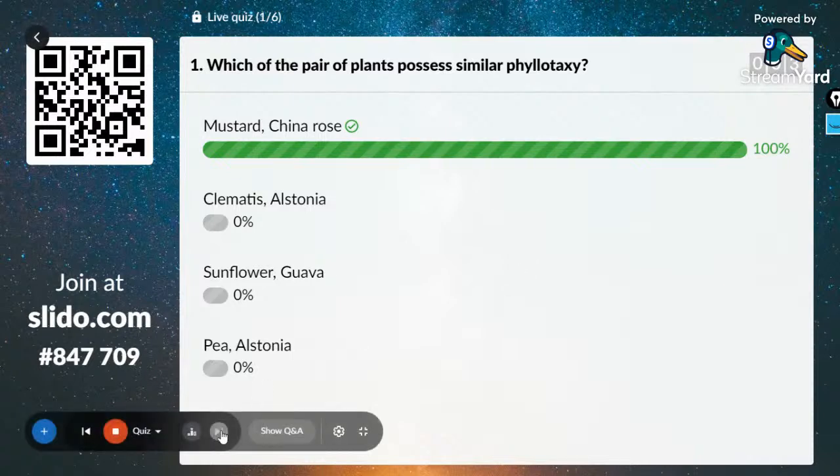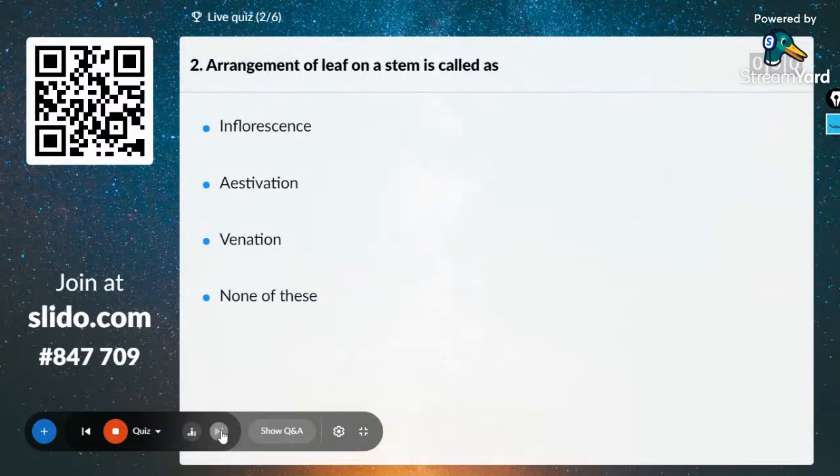Moving on to question number 2. Arrangement of leaves on a stem is called inflorescence, aestivation, venation, or none of these.